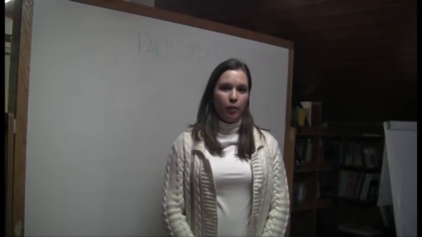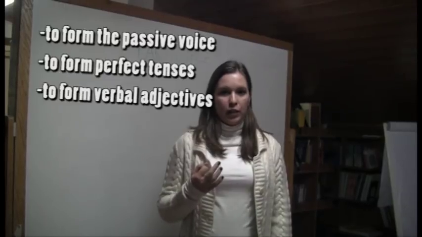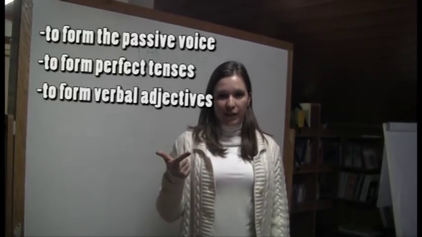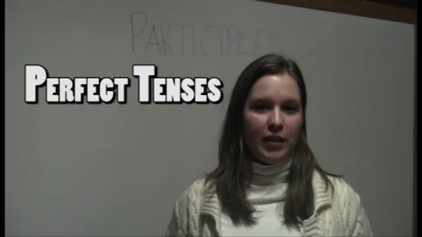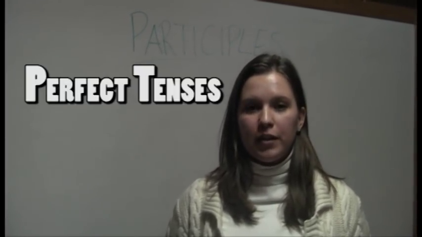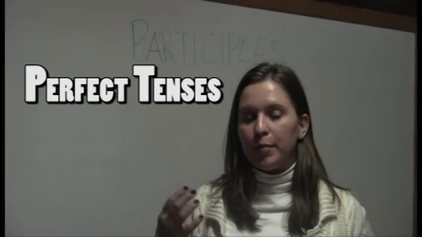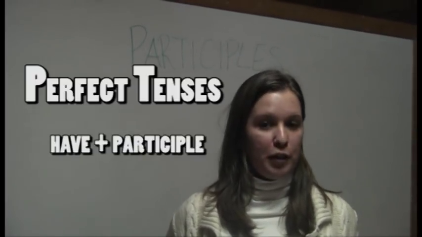Now, in Shqip, the participle is used in three ways: to form the passive voice, to form perfect tenses, and to form verbal adjectives. First, let's talk about perfect tenses. In English, perfect tenses are formed by taking the verb to have plus the participle. For example, I have been to Albania. I have lived in Shkodër.